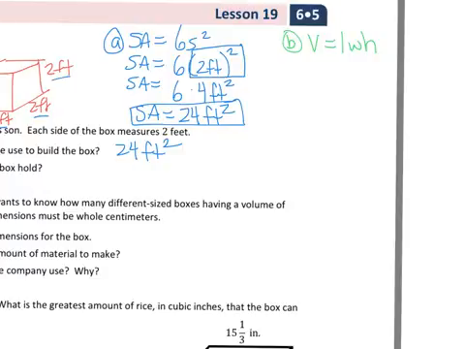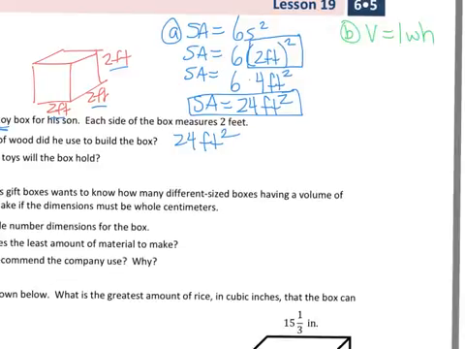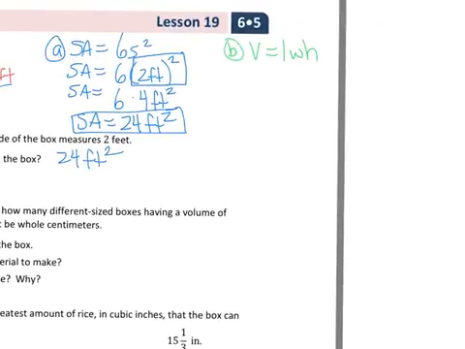I have volume equals length times width times height, which is the one I'm going to use because I have a length, width, and height. I could also use area of the base times height. That will work, but it doesn't seem to fit this one because I'm not given a base area. So I'm going to use length times width times height.